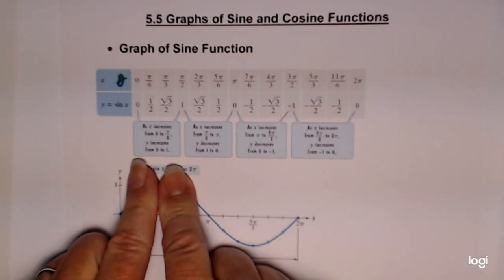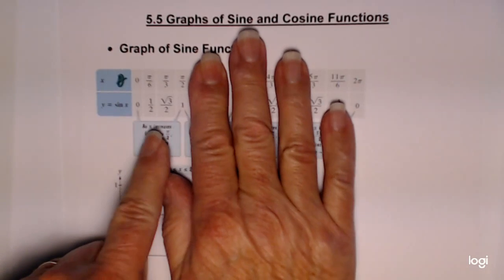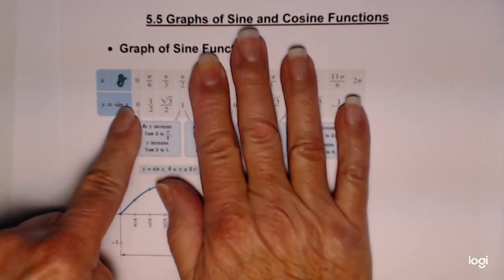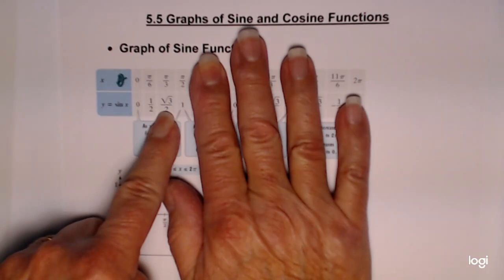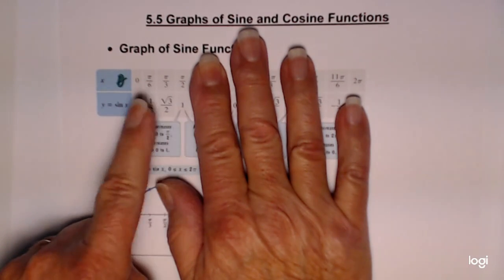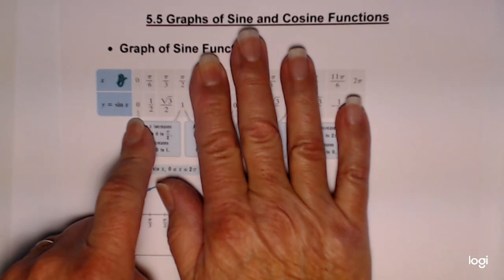So in the first quarter, from 0 to pi over 2 or 0 to 90 degrees, our sine starts at 0, then we go to 1/2, then square root 3 over 2, then to 1. So we can see in the first quadrant from 0 to pi over 2, our trig function sine is increasing from 0 to 1.